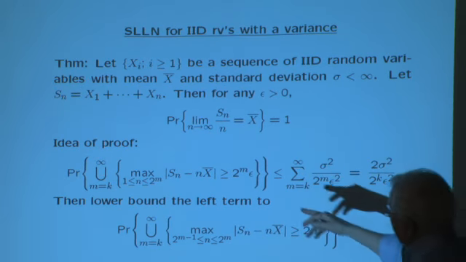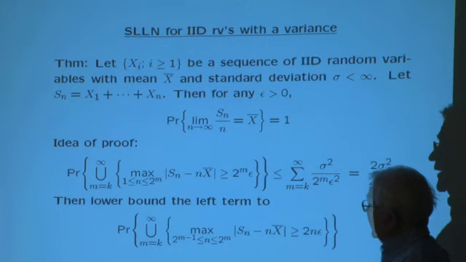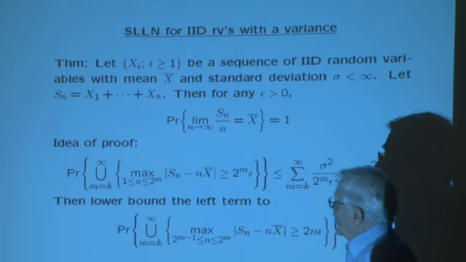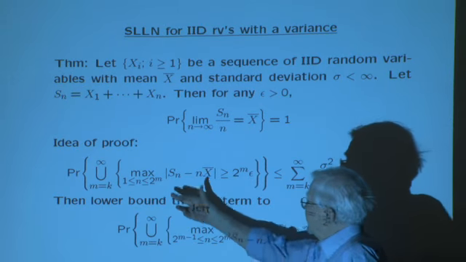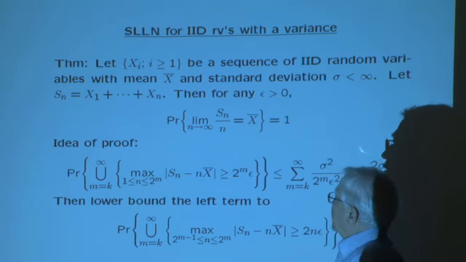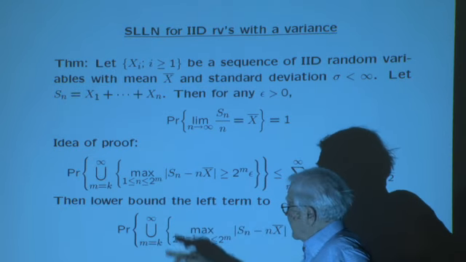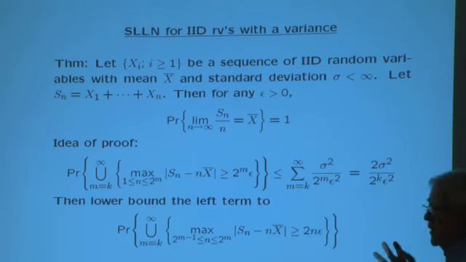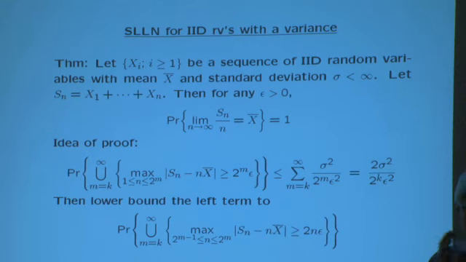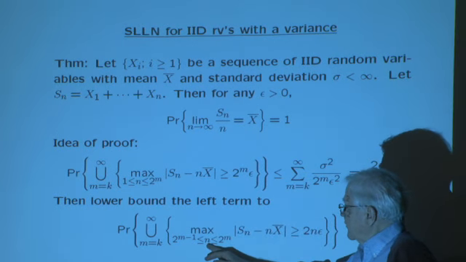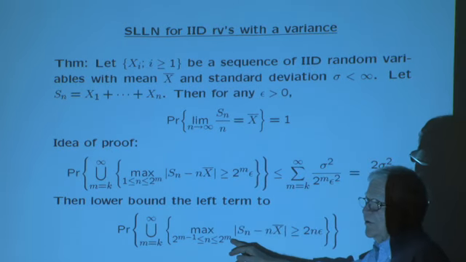So I'm going to lower bound this quantity here by this quantity here. I still have the same union here. Instead of finding the max over 1 to n to 2 to the m, I will get a probability which is smaller because I'll only maximize over part of those terms. I'll only go from 2 to the m minus 1, less than or equal to n, less than or equal to 2 to the m.